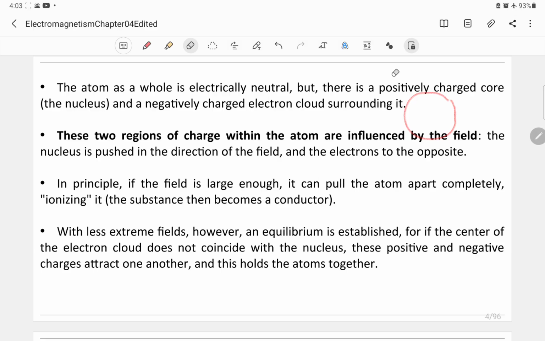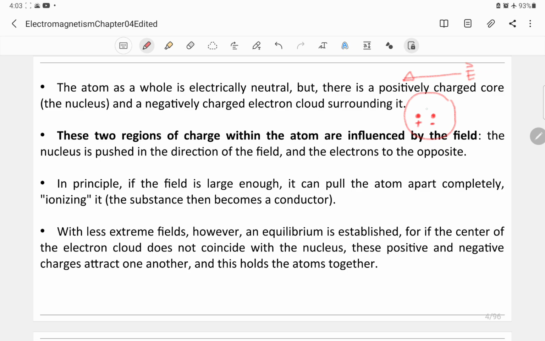Say for example, if you have an electric field going to the left, your nucleus, which is positively charged, would move to the left, and the center of the electron cloud would remain.